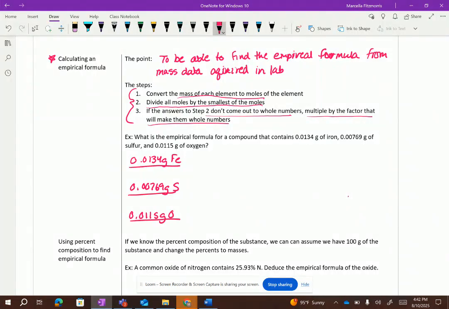Our first step is to change these to moles, and we do that like we did all last year by using dimensional analysis. The molar mass of Fe is 55.85 grams per mole of Fe. The molar mass of sulfur is 32.06 grams per mole of sulfur. The molar mass of oxygen is 16.00 grams of oxygen per mole.